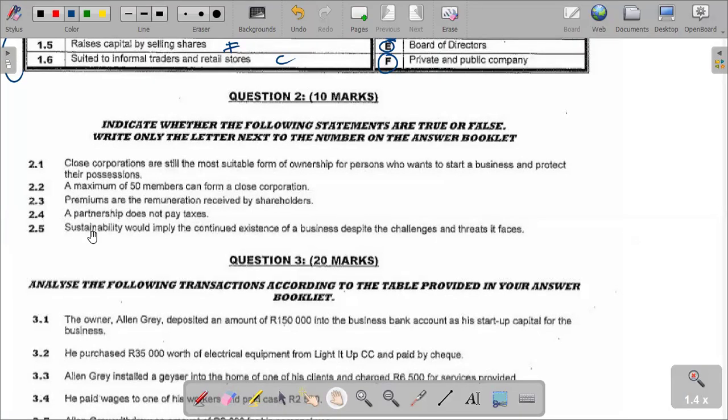So let's repeat. It says sustainability would imply the continued existence of a business despite the challenges. So will we continue as a business if we are sustainable? The answer is yes. Even if we face challenges or threats, if a business is sustainable, it will continue existing. It may lose money or profits here and there, but if it is a sustainable business, it will succeed.